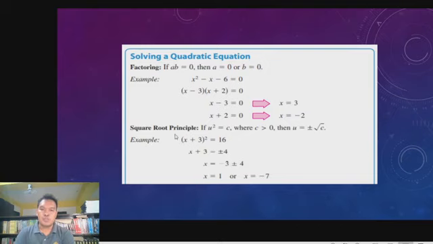For square root principle naman, we have u squared is equivalent kay c, where c is greater than 0, then u is equivalent kay plus or minus the square root of c. So, example, we have x plus 3 squared is equivalent kay 16. So, to remove the squared in this portion, lilipat natin sa kabila, magiging square root na po siya.